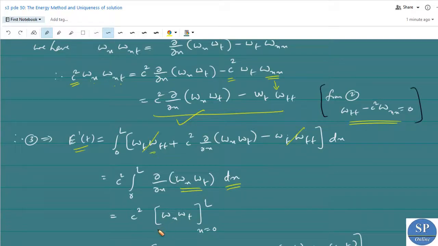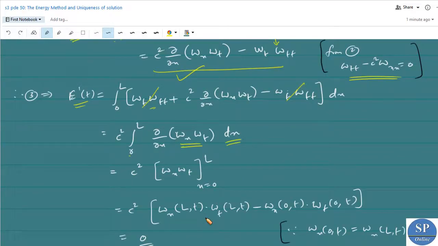Applying the limits, x from 0 to L, where Wx is a function of x comma t, applying the limit L we get Wx of L comma t into Wt of L comma t, minus, when we apply x equals 0, Wx of 0 comma t into Wt of 0 comma t.